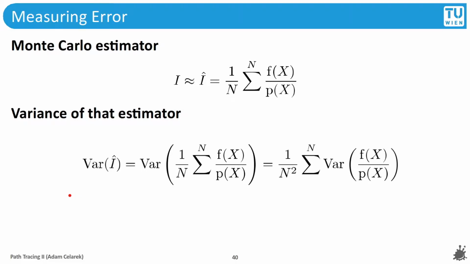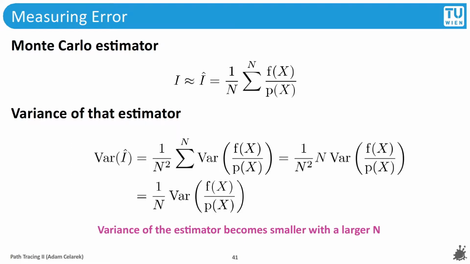Using the equation from the probability primer before, we can pull out the 1 over n, like we see here, and make this a sum of variances. Now, the variance of f over p is a constant. It's a theoretical one, we don't know it, but we know that it exists.